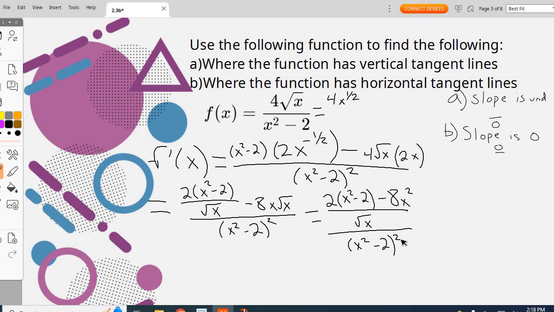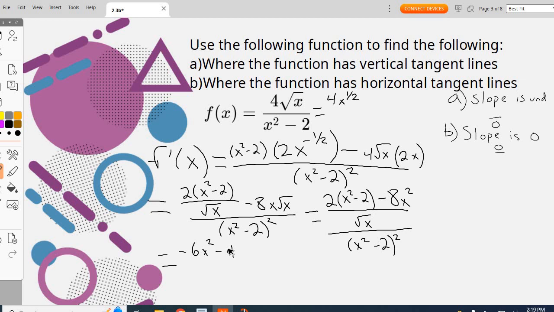So then how would I change that one last time so that I just have one big fraction? Well, first off, if I distribute that 2, I would have 2x squared minus 8x squared, so that gives me negative 6x squared minus 4 up top.